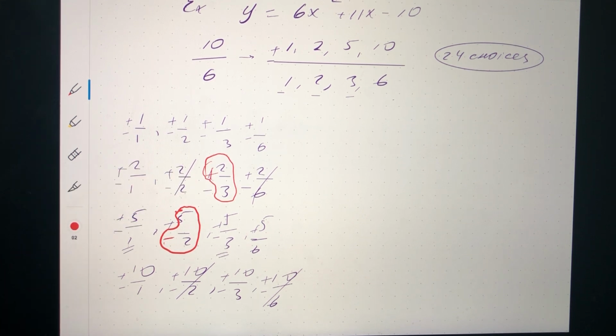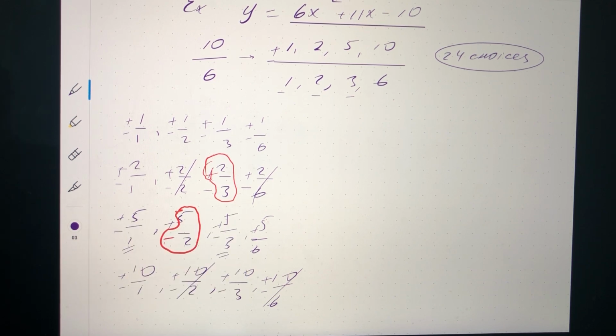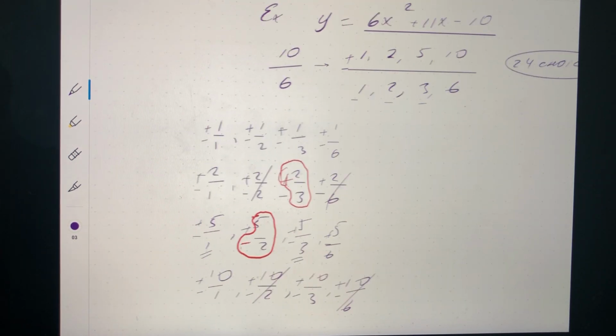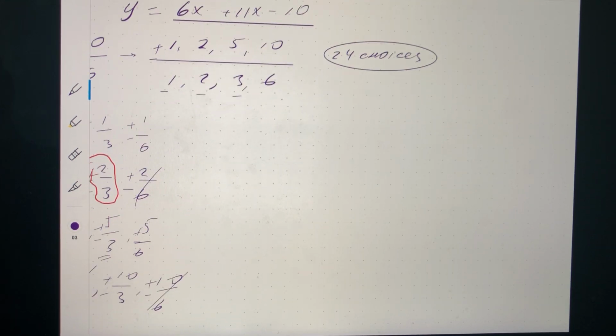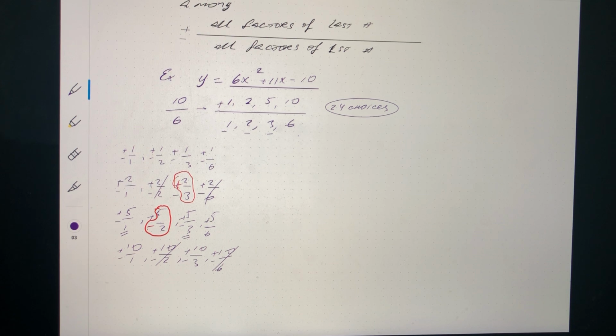Now, if we wanted to know for certain, we have the quadratic formula. The quadratic formula will solve any quadratic equation, and we will know exactly what the answers are. So let's use the quadratic formula and see what the actual solutions are. The quadratic formula is negative b plus or minus the square root of b squared minus 4 times a times c, all divided by 2 times a.